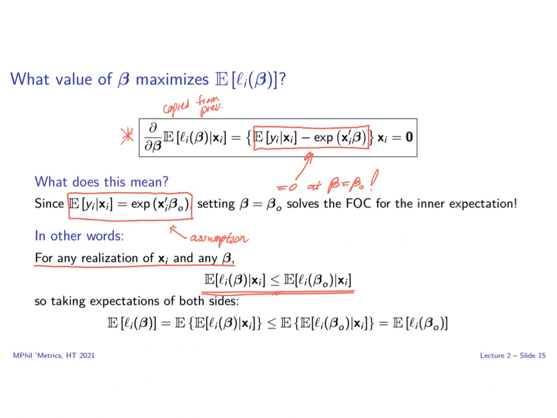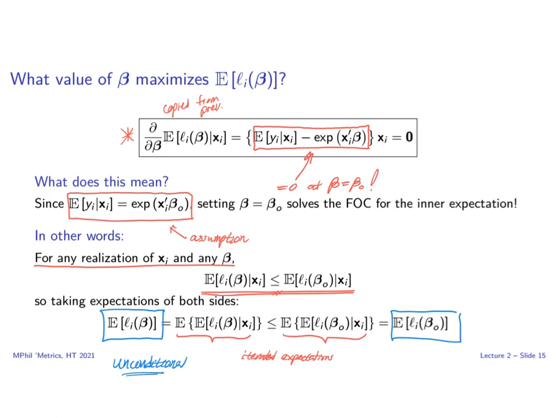So, taking expectations of both sides, and again, using the law of iterated expectations, what we have just shown is that beta naught is not only the solution to this inner optimization problem of maximizing the expectation of L given x, it's also the solution to the unconditional problem. In other words, beta naught is the parameter value that maximizes the expected log likelihood.